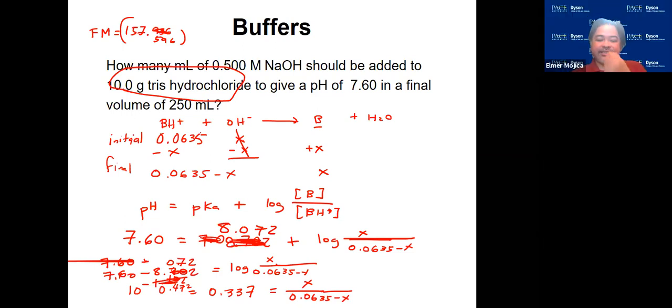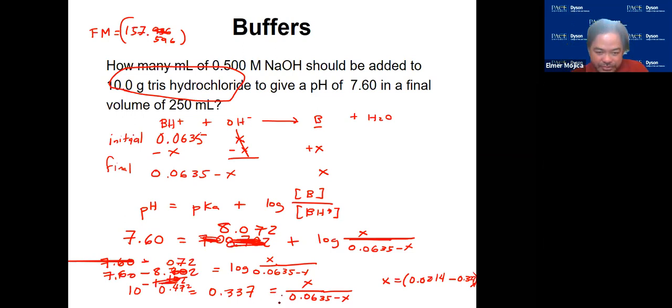So what will be the x if I'm going to rearrange this one? What's the x value that I will get? I can rearrange it like this: x equals 0.0214 minus 0.337x, right?